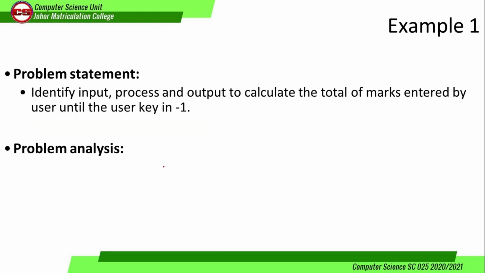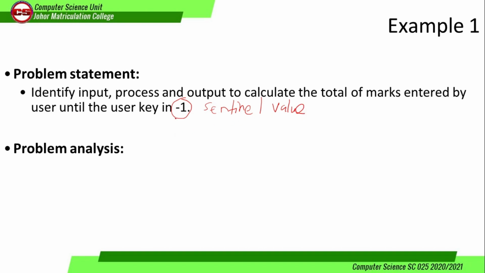Okay, so we go to example number 1. Identify input, process and output to calculate the total of marks entered by user until the user keys in -1. So -1 is a sentinel value.